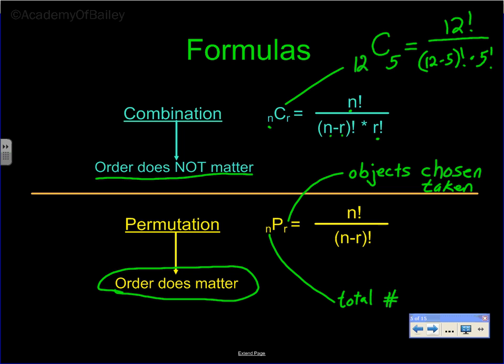Again, you multiply by r factorial. That's how you set up the problem. We're going to get into more of those problems in one moment. If you look at that asterisk that I just covered up with green, whenever you see an asterisk here, it means multiply.